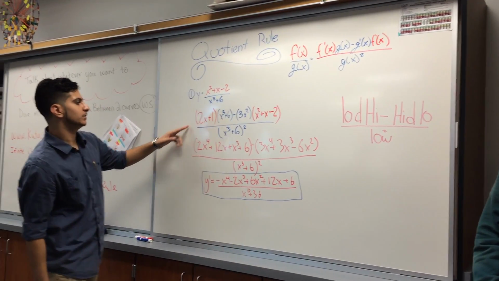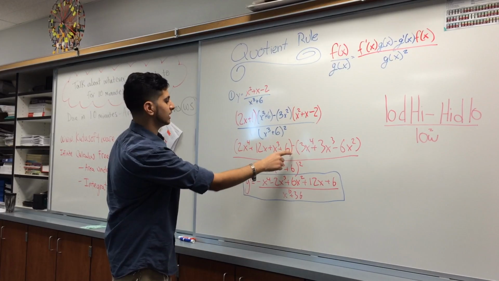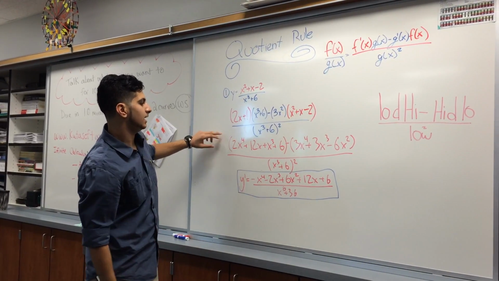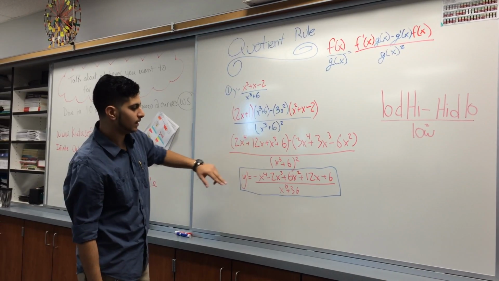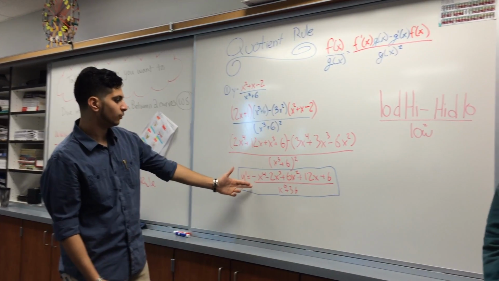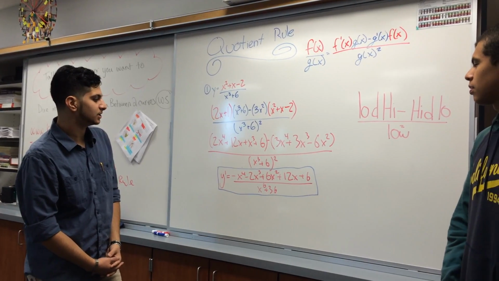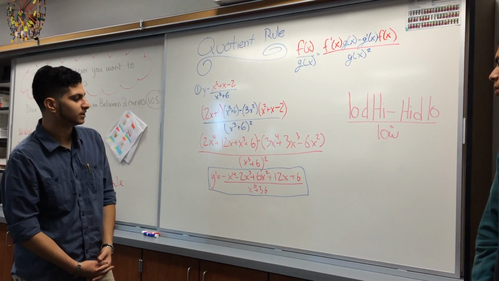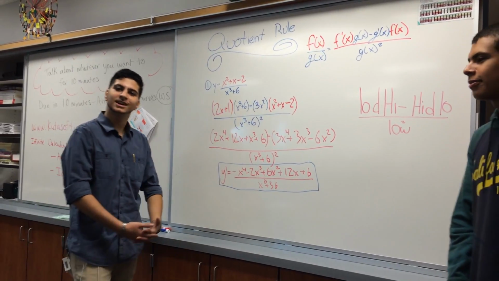Then we distribute each of these two separately and subtract them in parentheses. The denominator stays the same because you don't have to multiply it out. In the end, we get y prime equals negative x to the power of 4 minus 2x cubed plus 6x squared plus 12x plus 6, all over x to the power of 6 plus 36.